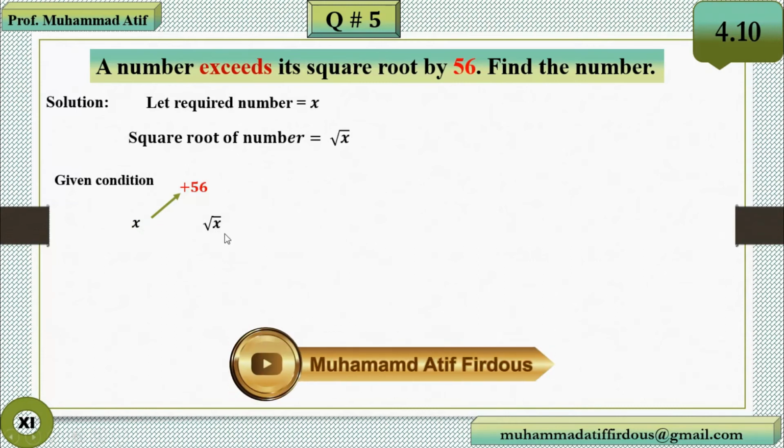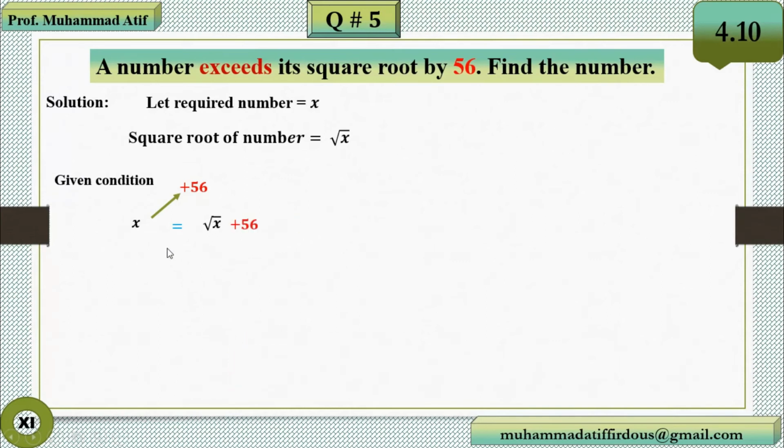In order to maintain equality, you must add 6 on which side? Right hand side. Well done. Or you can subtract 6 on your left hand side. So a number exceeds under root x by 6, or you can write it as x is equal to under root x plus 6.